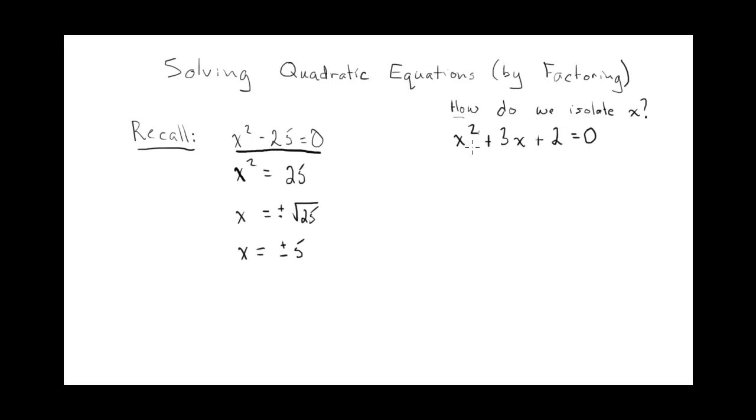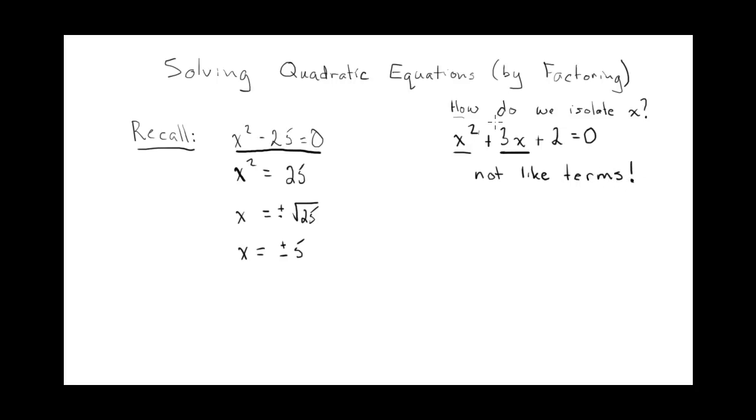The issue here is, if we tried isolating the x squared term by subtracting these and putting them on the other side of the equation, then we have an x over here. And if you try just isolating this x, then there'd be this x squared term. And you can't combine these two terms because they're not like terms, right? You can't add an x squared and an x term, or simplify it.